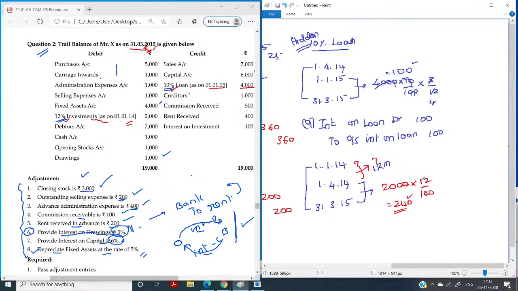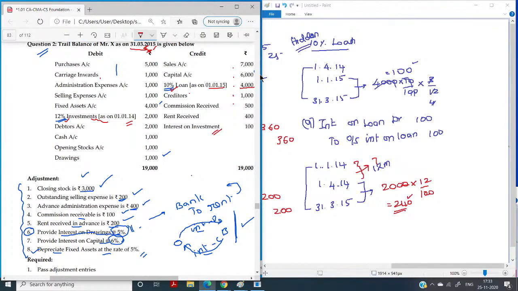Come on, verify whether this interest on investment is available in the credit side or not. Because we are getting benefits from the investment, the income will be available only in the credit side. On verification of the credit side, we came to know we have sales, capital and loan, creditors, commission received, rent received. We have interest on investment.